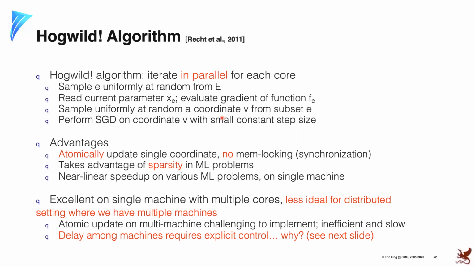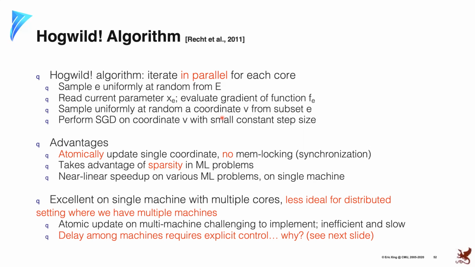So we can think of that, because the data is sparse, every worker is going to select only a small portion of these parameters to do the update. And if the worker number is small and the data is really sparse, the probability that they will choose the same parameter is very small. So in other words, at the same time, different workers are updating different parameters, so they will not affect each other at all.